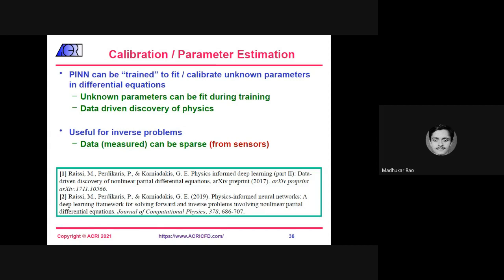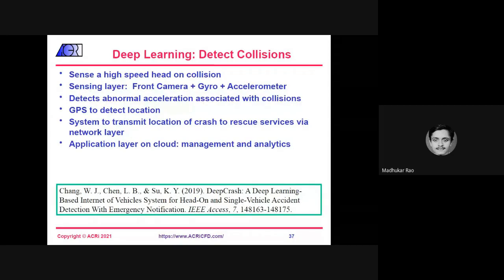Now, apart from CFD, there have been many other uses. I will mention one or two other instances of how it is being used. One paper that I saw recently was called Deep Crash, a deep learning based system for vehicle accidents and head-on collisions.